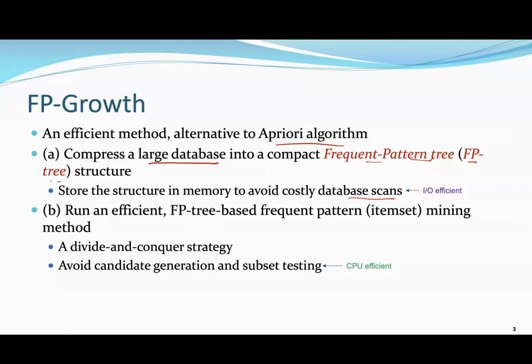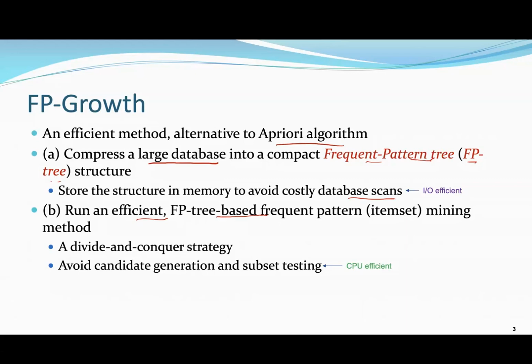The second component of the FP growth algorithm is to run an efficient FP-tree-based frequent pattern mining method. This is a divide and conquer strategy. It's a recursive approach. The way FP growth is faster than Apriori is that in the Apriori algorithm, as we mentioned, part of the cost is the subset testing cost.